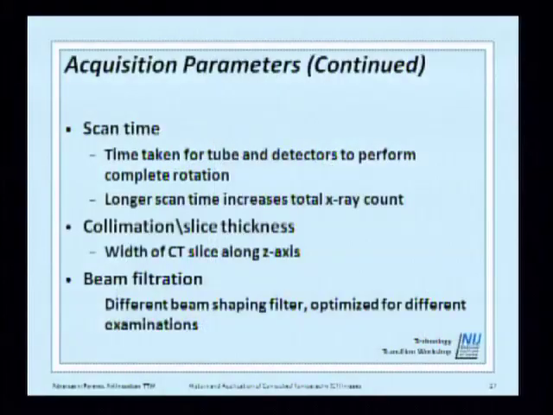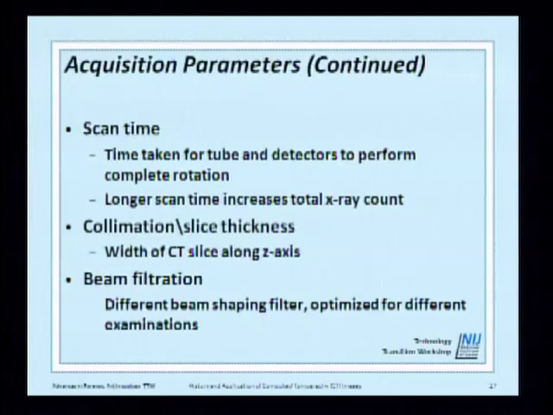You also have other things: the scan time, taken for the tube and detectors to perform a complete rotation. A longer scan time increases the total X-ray count. Then also the collimation, which is the slice thickness along the z-axis, where the motion of the tube and the detector happens.